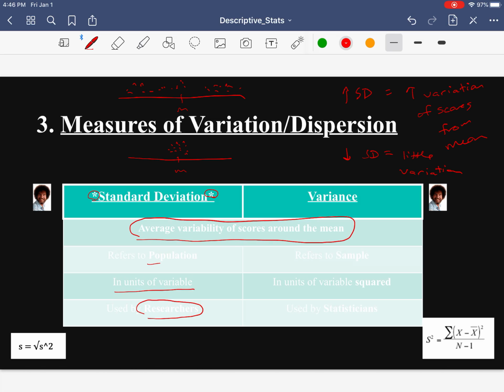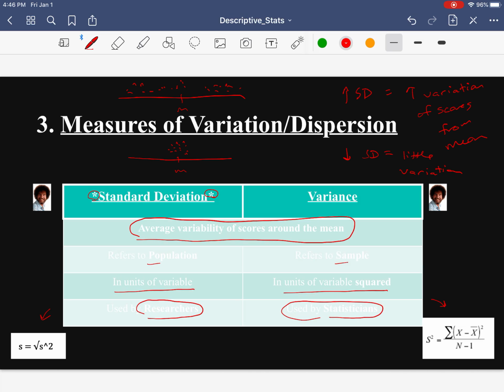Now, if you're a statistician, if you're really a numbers person, statisticians are going to be talking more about variance. And in variance, we're talking about a sample. And in variance, the units are squared. Now, I've given you the formulas just so you can look smart if someone's looking over your shoulder while you're studying this.